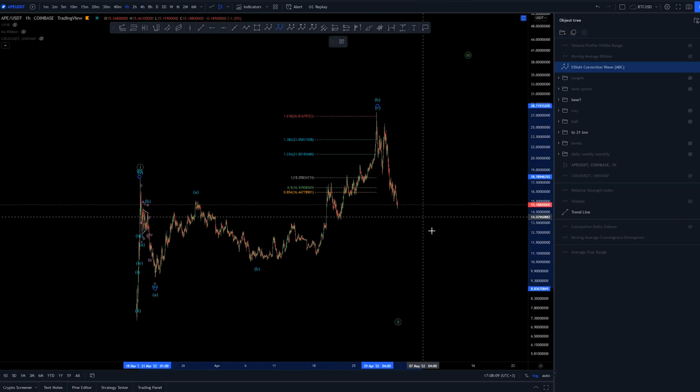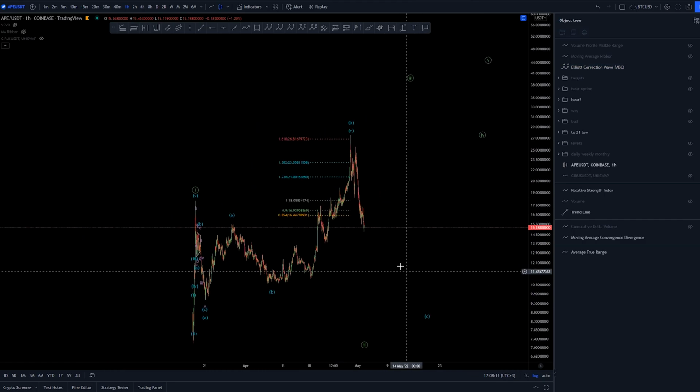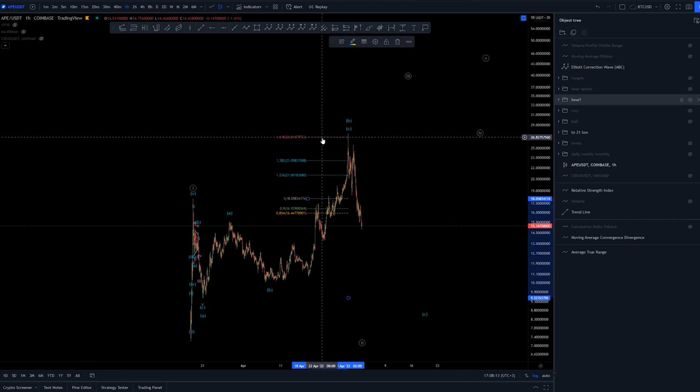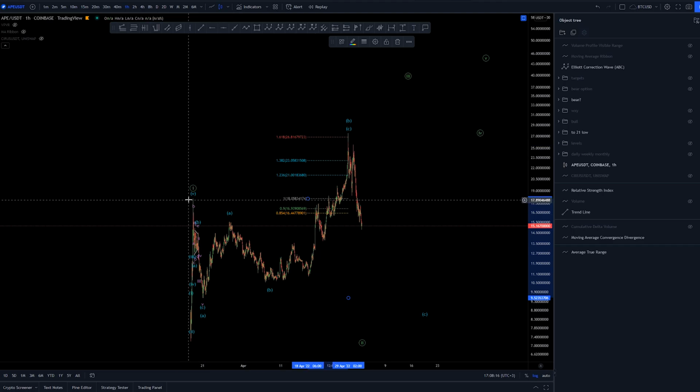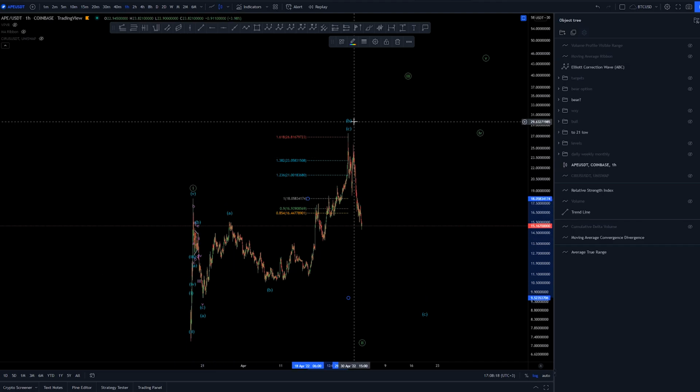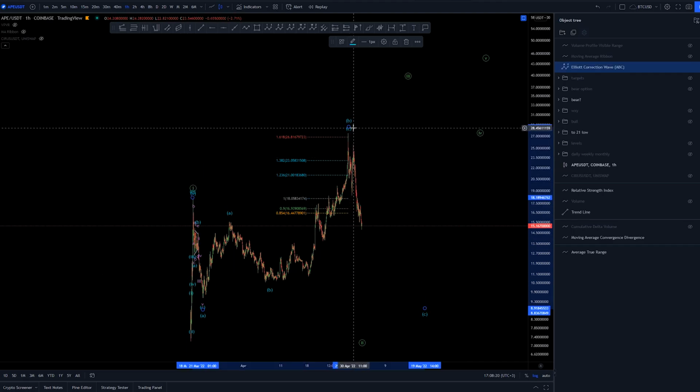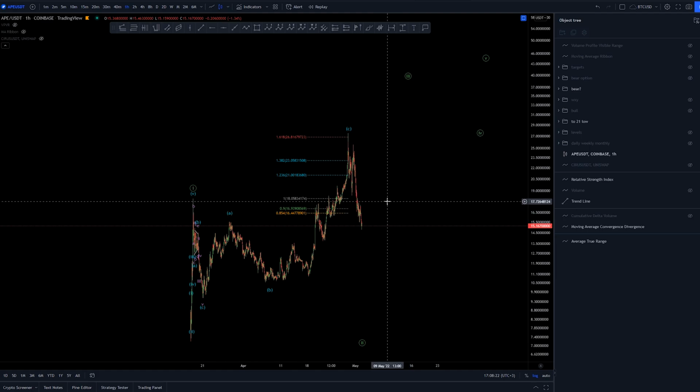Then we would have B and C. The issue here is, again, we have already gone above the 1.618 extension of the A move for the B wave, which makes this super unlikely. That is why I'm really not even considering this as a possibility anymore.